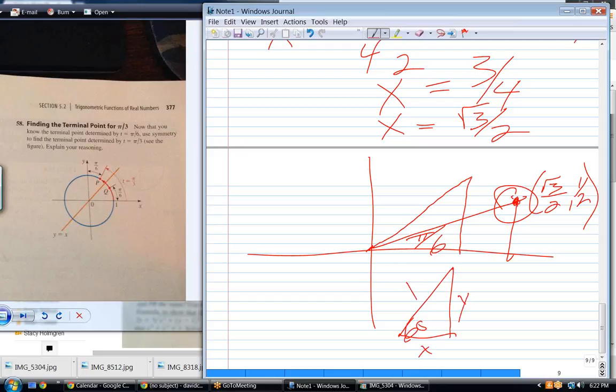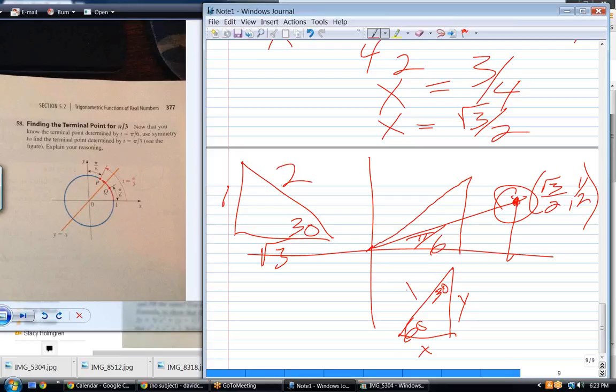X, root 3, y 2. Or y... remember, opposite the 30 is always 1. So if I look at my triangle and look at the dimensions, there's 1, this is root 3, this is 2.